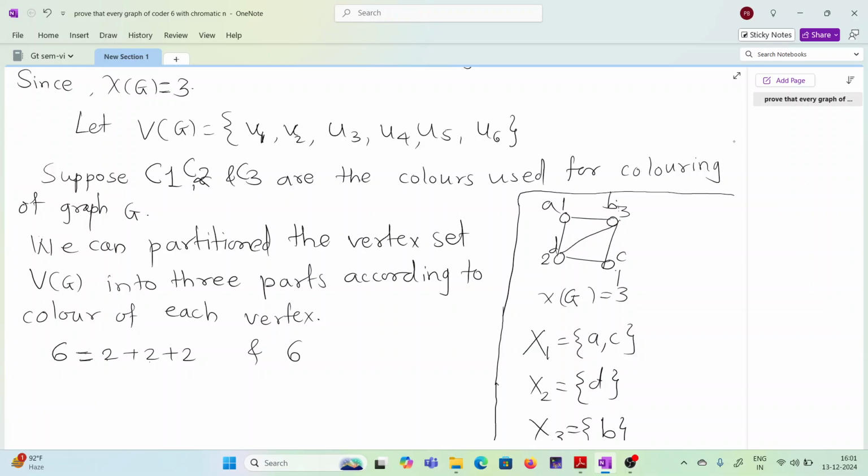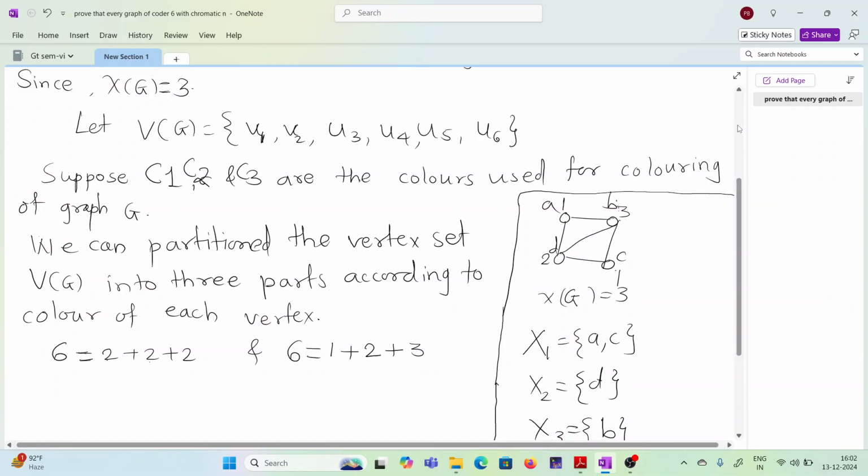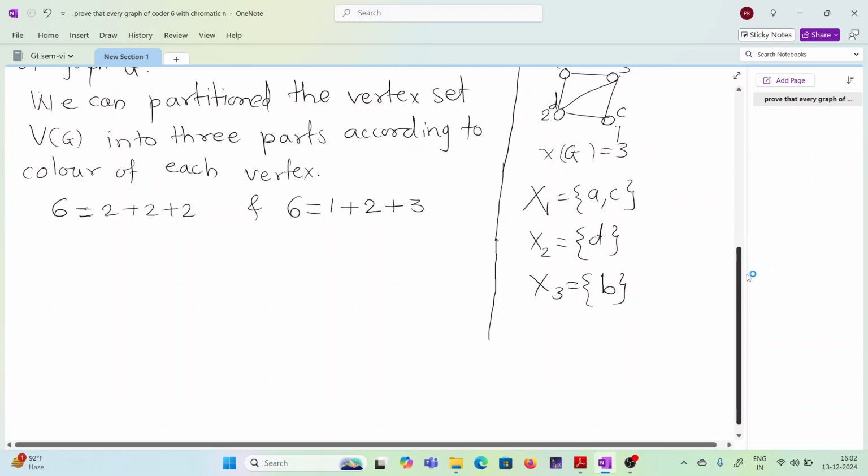The other possibility is we can partition 6 vertices into 3 subsets as: first set contains 1 vertex, second set contains 2 vertices, and third set contains 3 vertices. You may consider the first set contains 2 vertices, the second set contains 3 vertices, and the third set contains 1 vertex, but order doesn't matter here because we are considering partition. That means how many vertices each subset has.